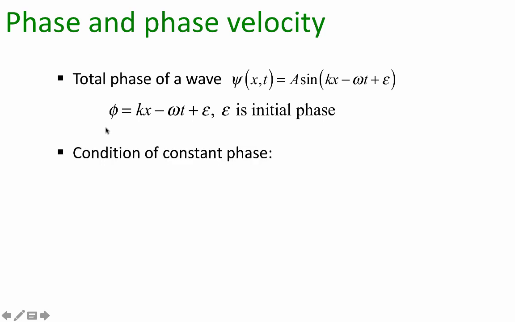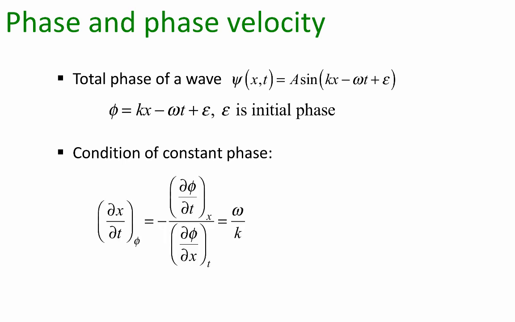Okay, so if that's the phase, then the phase velocity is when the phase is the velocity given that the phase stays constant. In other words, the position with respect to time at constant phase.